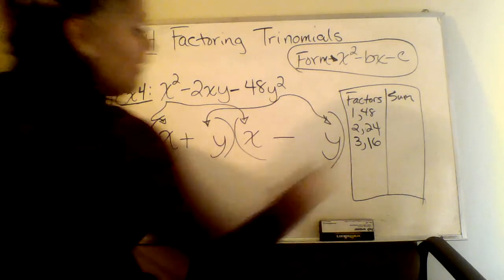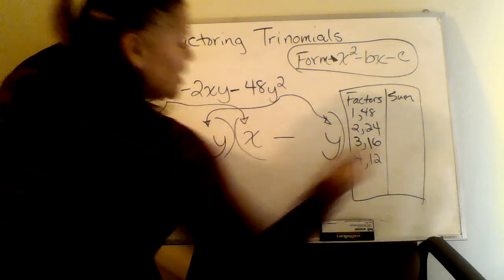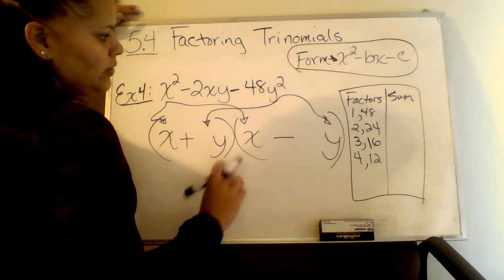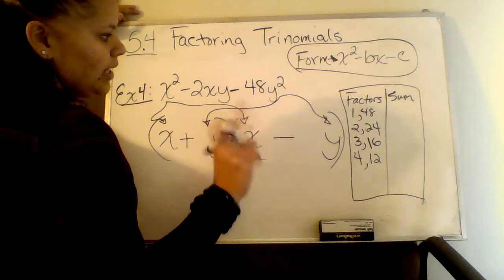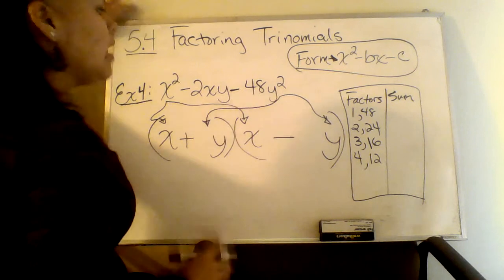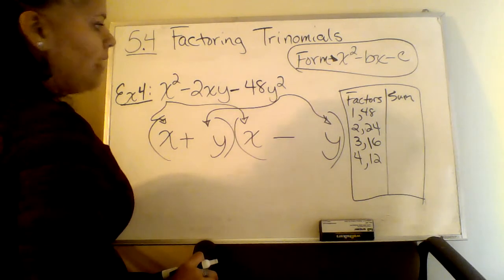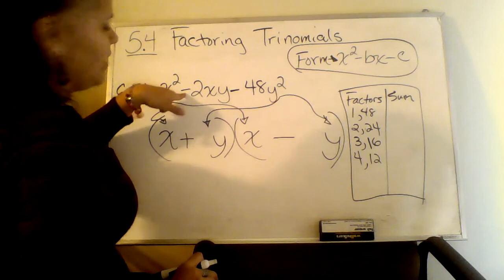And then we have 4 goes into 48 12 times. What else? Okay, so we have 1, 2, 3, 4, 48, 24, 16, 12. Do we have anything else? No. So now that we have that, remember, our bigger number has to have a negative.